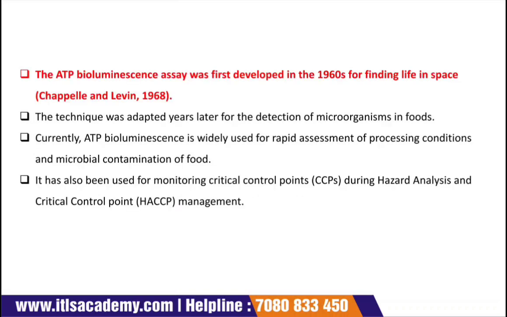Now this first technique, the ATP bioluminescence assay, was first developed in the 1960s, and it was used for finding life in space. And who was the person behind this ATP bioluminescence? It is Chappell and Levin in 1968.